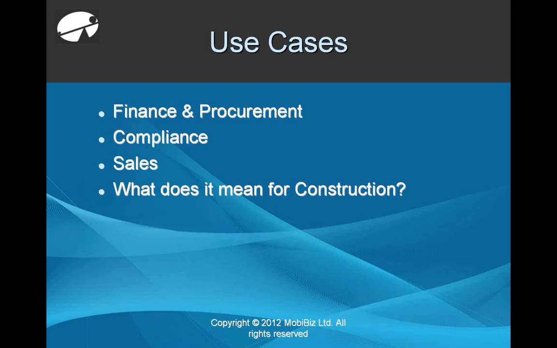Now, what are the various use cases for something like this? For finance and procurement, this means 100% spend visibility and intelligent buy decisions. For compliance, this means less time spent on audit and more time on solving potential problems. And for sales, this means increased sales productivity and expense management.